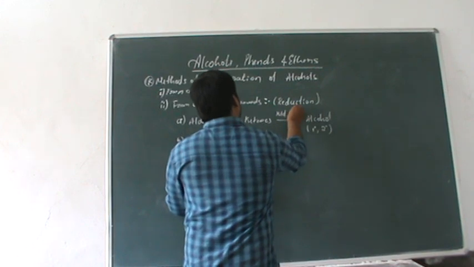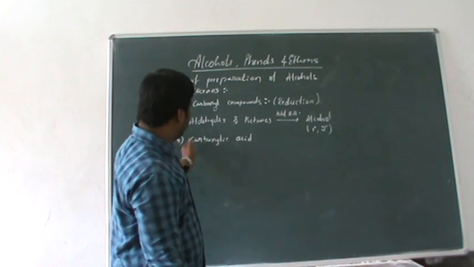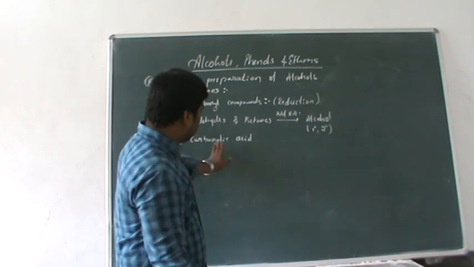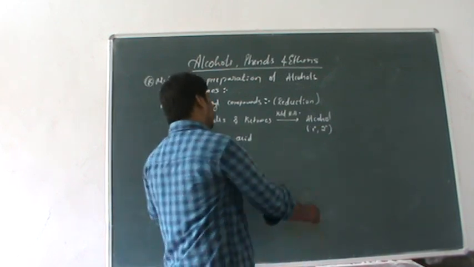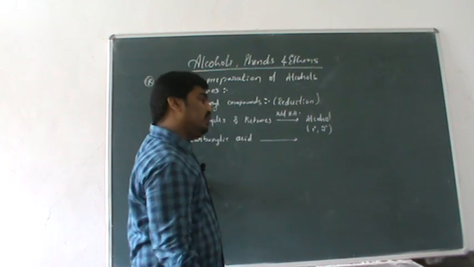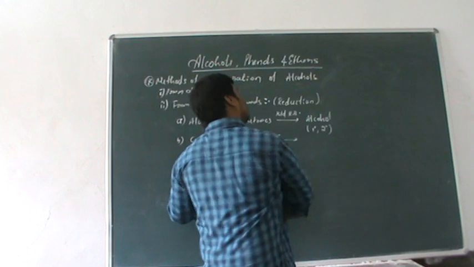A mild reducing agent is enough for the production of an excellent alcohol product. For carboxylic acid or ester, we need a strong reducing agent.